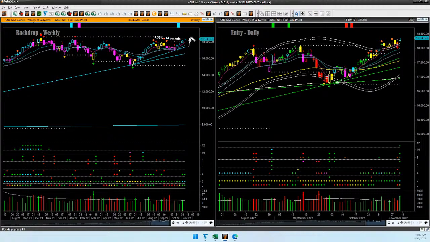The weekly backdrop is bullish, weekly candle is bullish, Friday's candle is bullish, it has bullish flow, momentum. From all these signals, it seems that Nifty 50 will make a new all-time high next week.